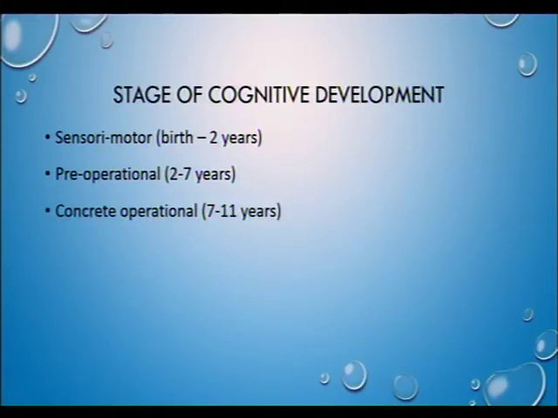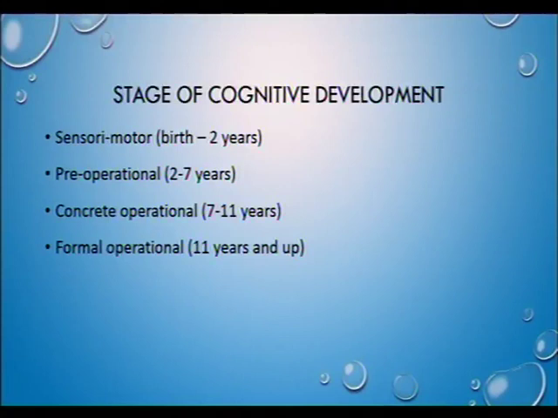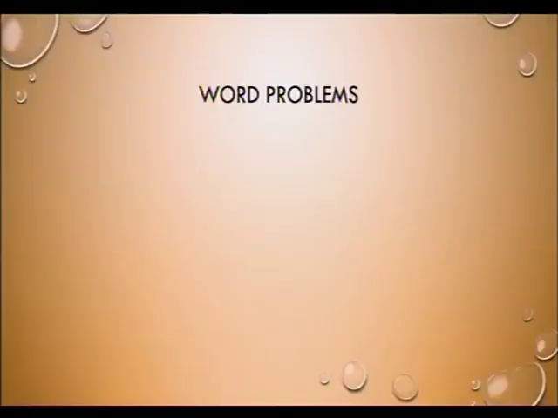The third stage is the concrete operational stage from the age of 7 up to 11 years. And the fourth and last stage, according to Piaget, is the formal operational stage from the age of 11 and up. Those are the 4 stages of cognitive development.